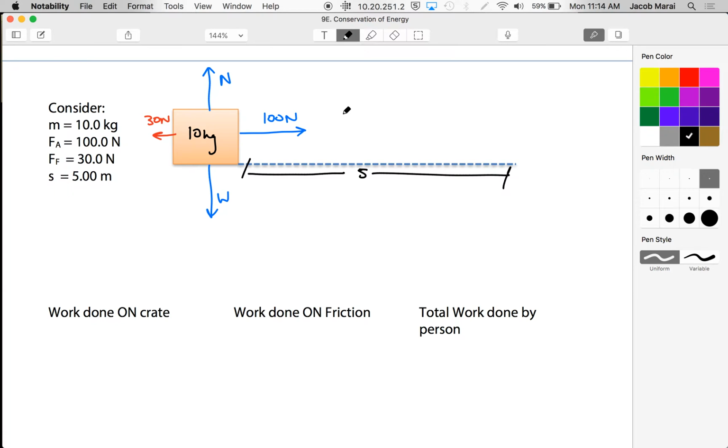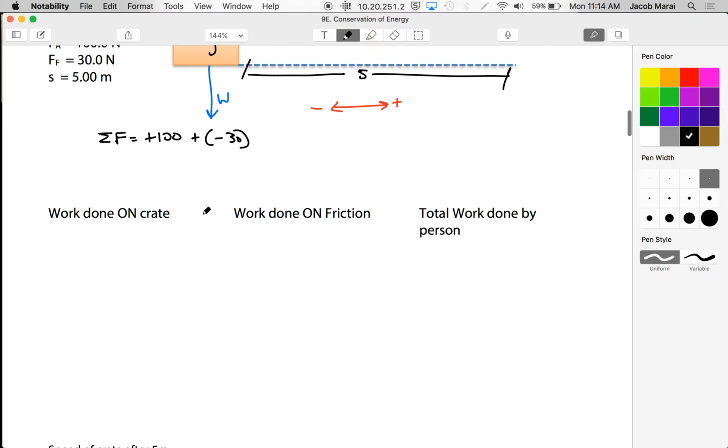So the work done on the crate is going to be the sum of all forces. I would say that the sum of all forces here is plus 100 plus minus 30, because I assigned my convention that to the right is positive. Again, the crate doesn't realize that there's two warring forces.